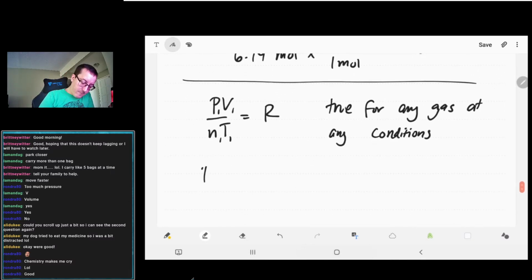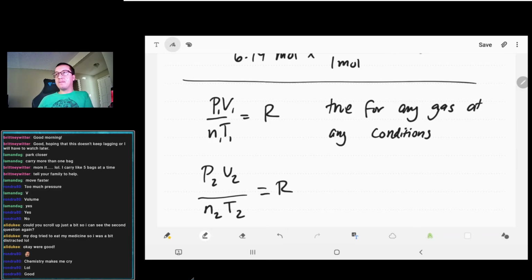Guess what? Any other set of conditions would also equal R. Because this is true for any gas at any conditions. If we mess with them, we should still get our constant. That's why it is universal.